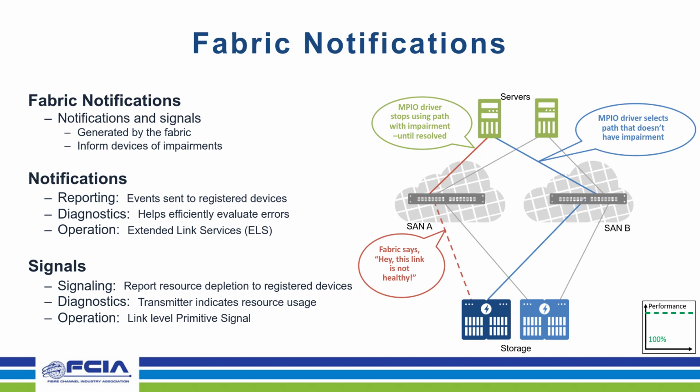Notifications are registered events, and they can give more information to evaluate what is going on. Signals are low-level primitives, and their usage is to be an out-of-band signal that resources may be depleted, frames may be getting backed up, and so on and so forth.